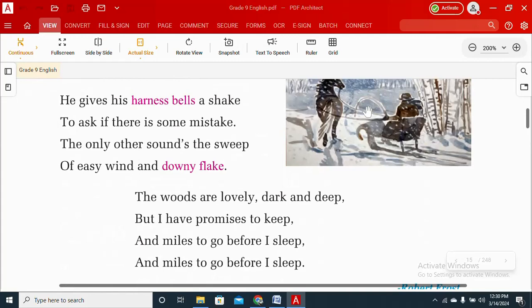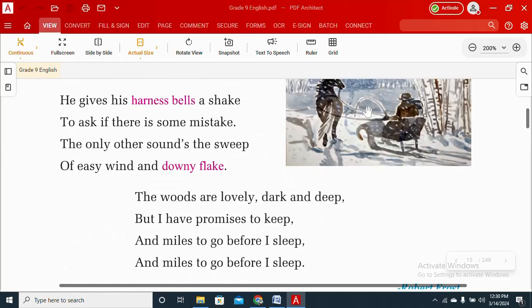The speaker knows that the horse is shaking the bells attached to his harness to ask his master if there is any problem.